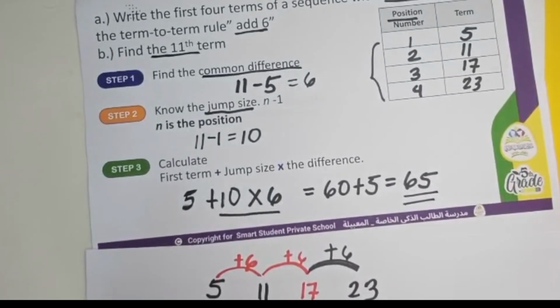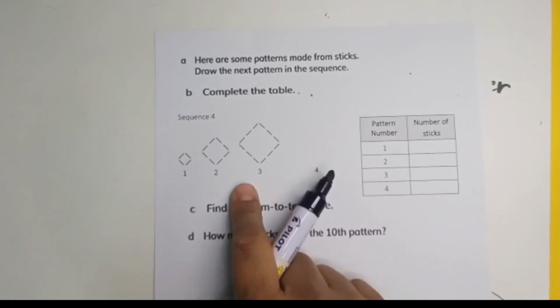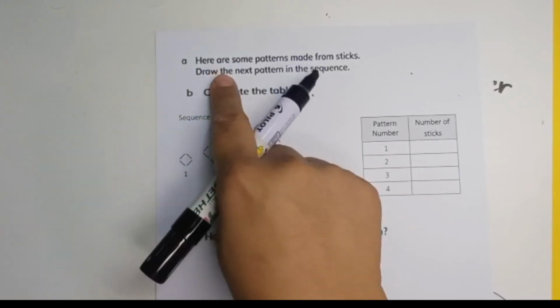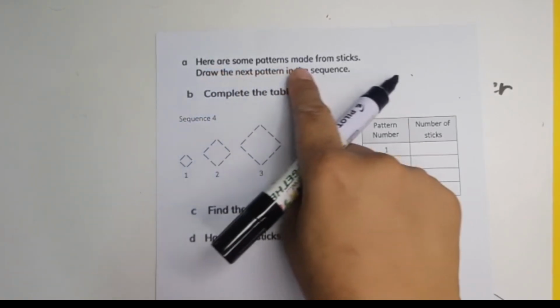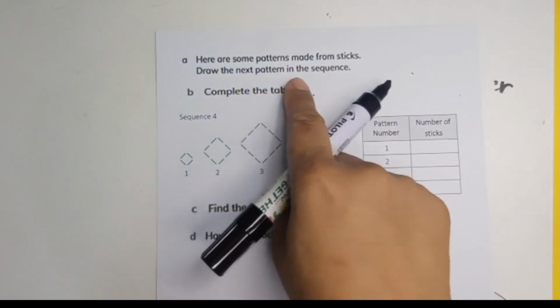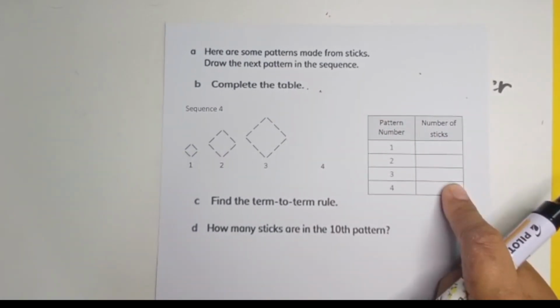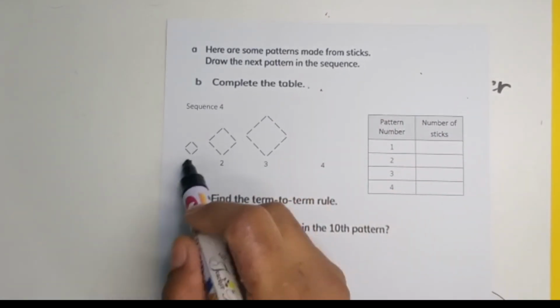Okay, now let's have another example, but this time we are going to use sticks, or a pattern. The question says, here are some patterns made from sticks. Draw the next pattern in the sequence. We are going to complete the table. To do that, we are going to count these sticks.